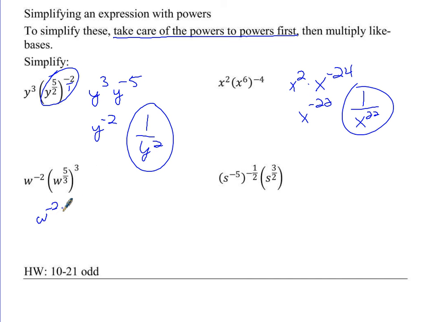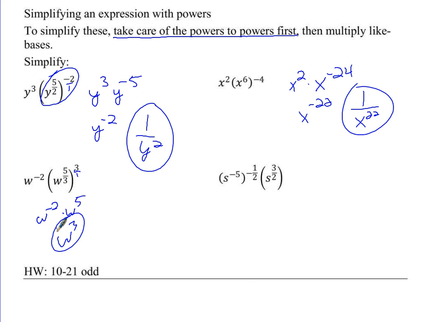Well, we have the W to the negative second out front still, times W to the, well, 5/3 times 3 over 1 is actually 15/3, which becomes 5. It reduces to 5. Okay, now what? Those are like bases being multiplied, so we add the exponents and we get W to the third. Do I need to put that under 1? No, there's no negative exponent here, so that's your answer. That's as far as you can go.